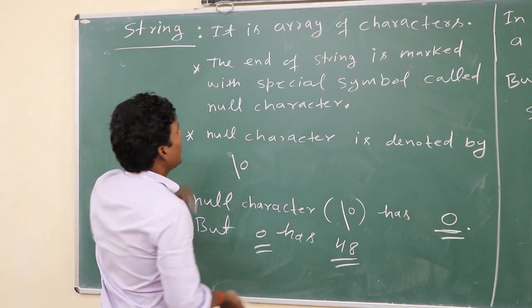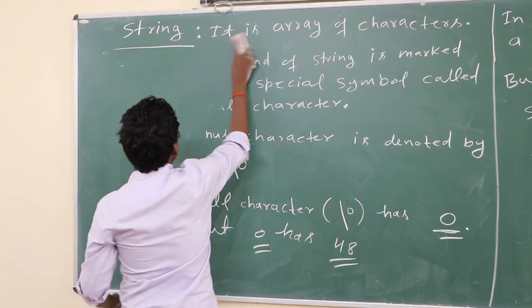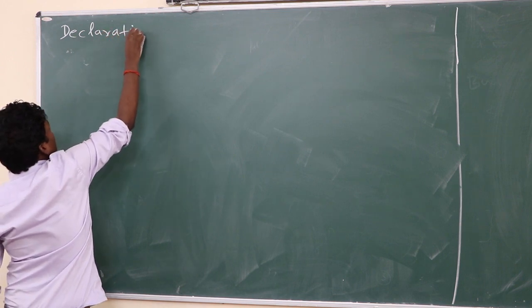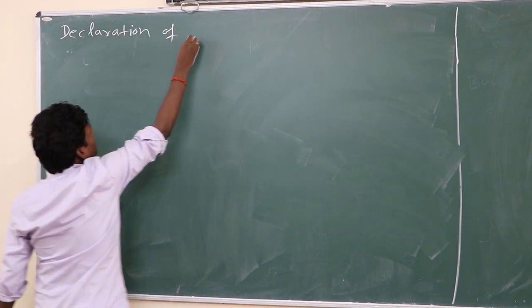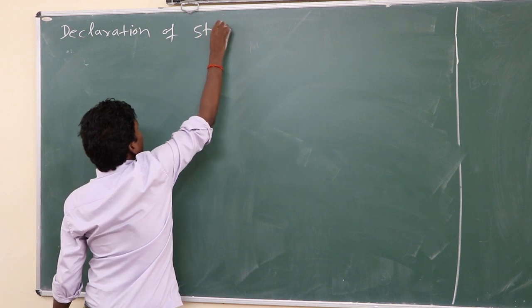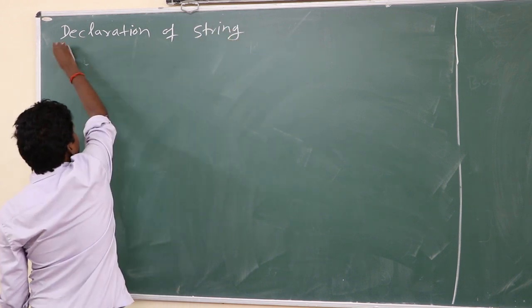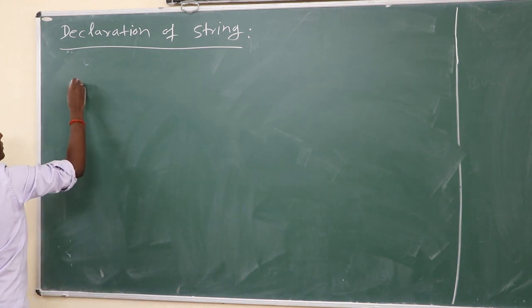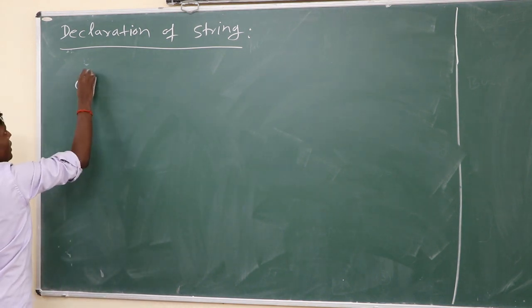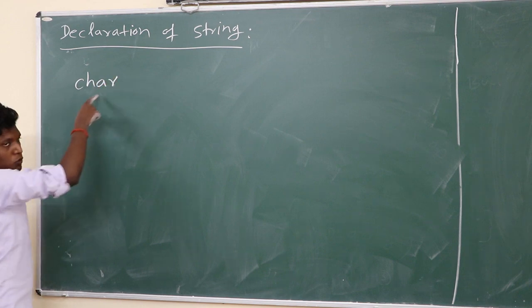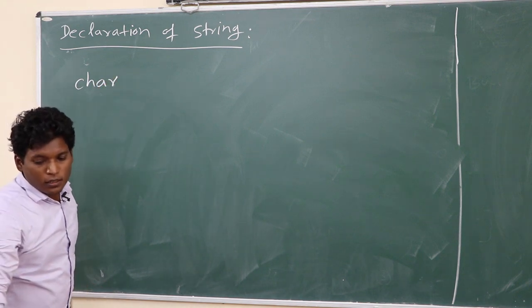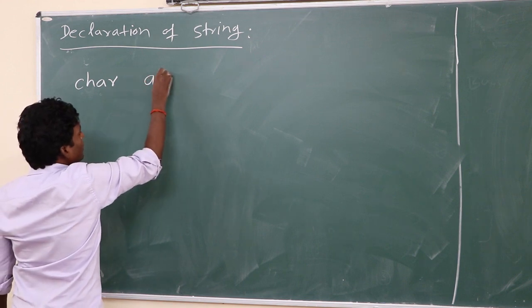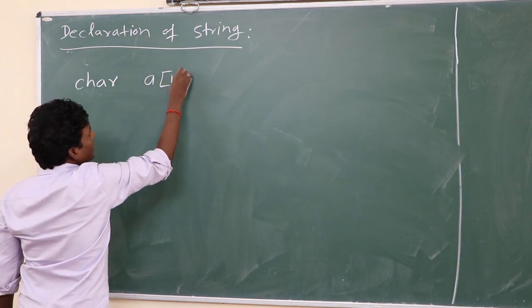So string is an array of characters. So first we are going to make an array of characters, char a of 10.